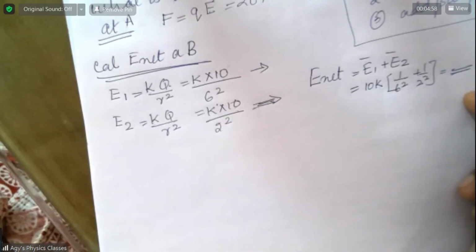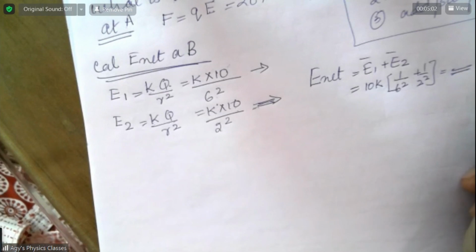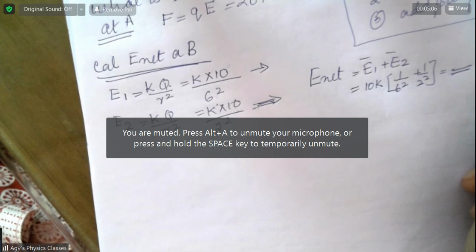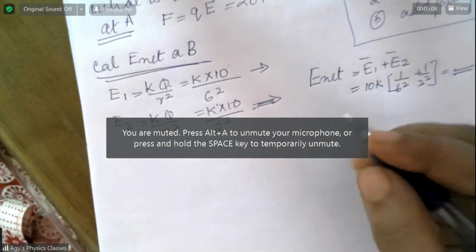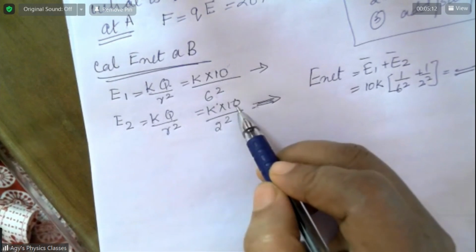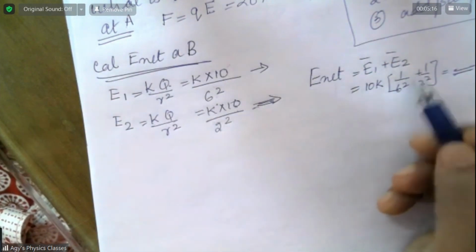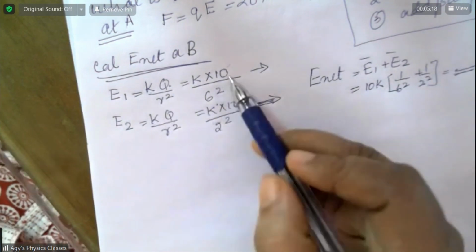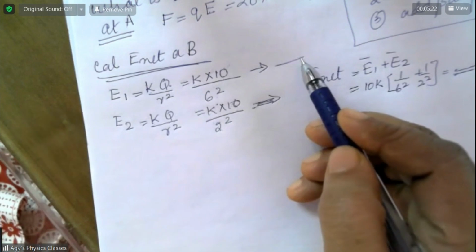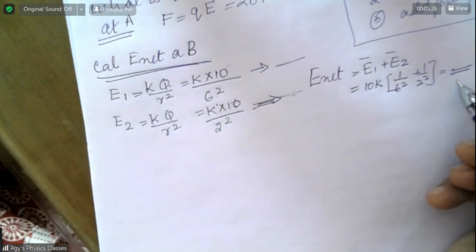This is how you find the net electric field. Is that understood? 10 is common because in both places I had 10. What is different is only this part. Depending on the situation, these values will sometimes be different. You use your calculator to get this value, then you simply add.